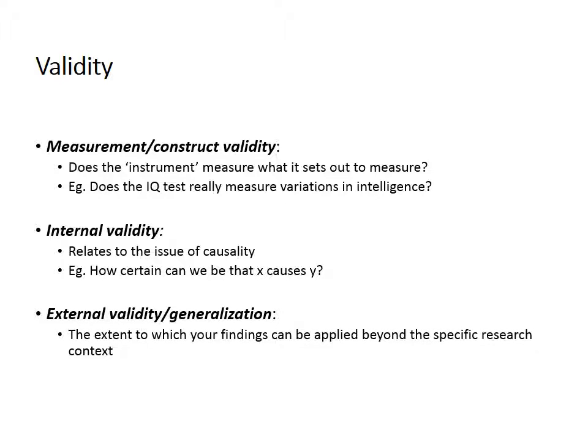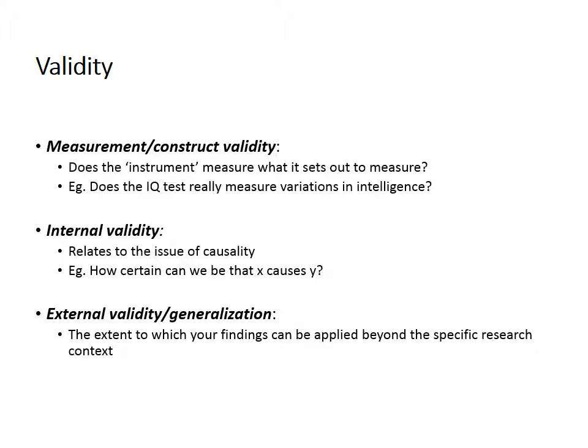To what extent can your findings be applied beyond your specific context, your specific school? It's unlikely that your research will be applied or can be applied beyond your specific school. And at this level, that's absolutely fine.